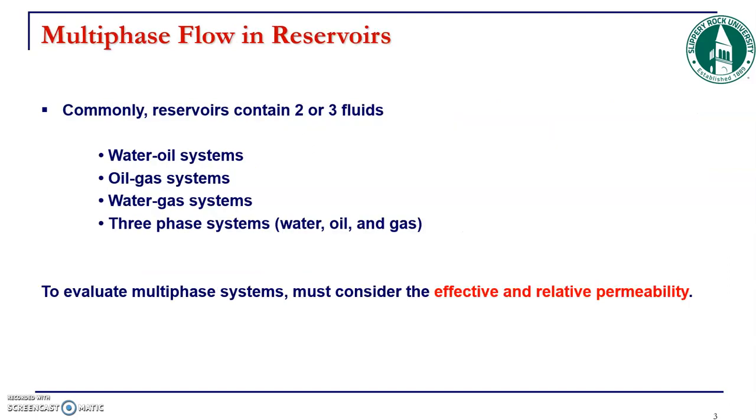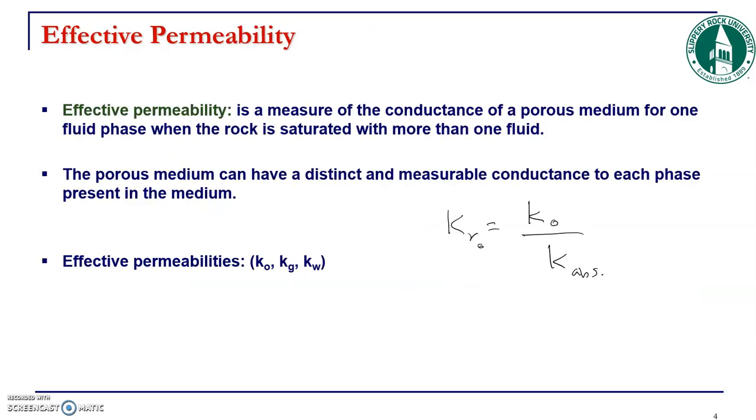So in a three-phase system, water will have its own effective permeability, which is different from the oil effective permeability, which is different from gas effective permeability, right? If you divide these permeabilities by the absolute permeability of your rock, you get a dimensionless number, which is called relative permeability.